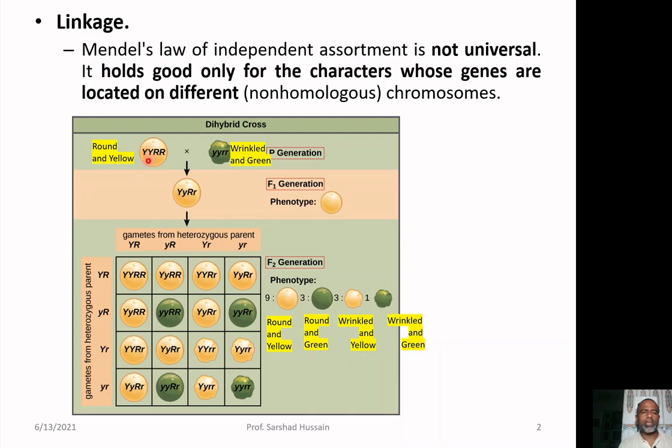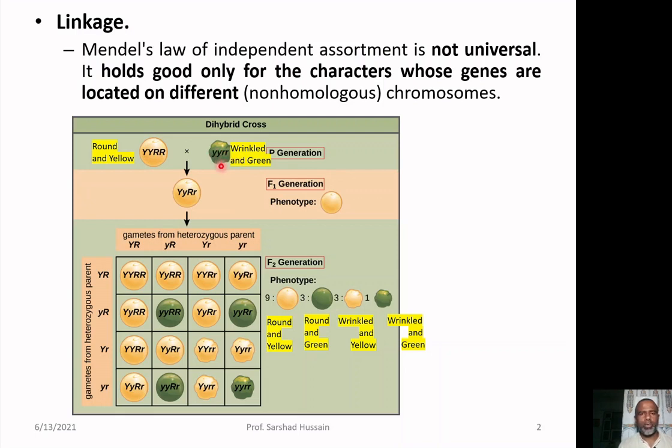One pair is for the color of the seed, yellow color, and the other is for the shape of the seed, R is round. So you have the dominant pair of genes, and on the other hand you have the wrinkled and green seeds, which are recessive in characteristic feature.